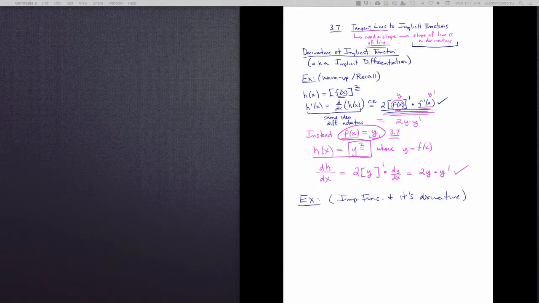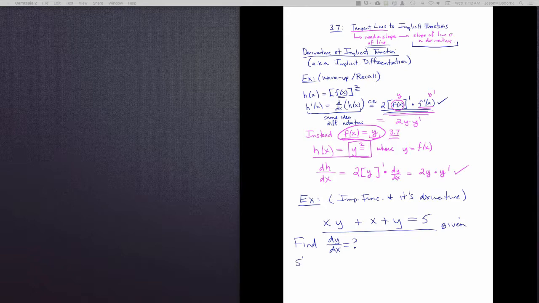Okay, so for example, you could have xy plus x plus y is equal to 5. Okay. And here is an implicitly defined function. This will be given to you. Okay? And then the question is to find what is the derivative of y with respect to x. What is that?